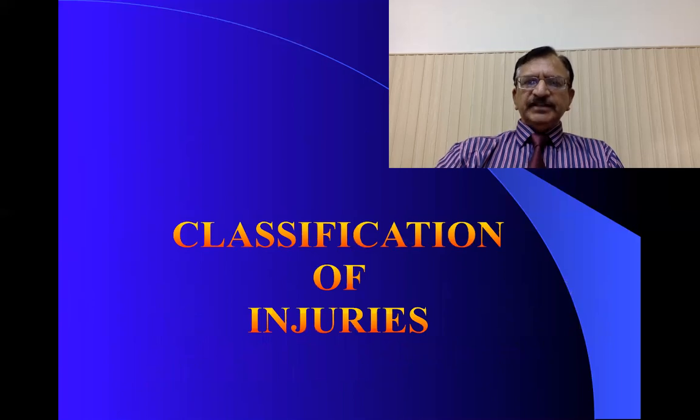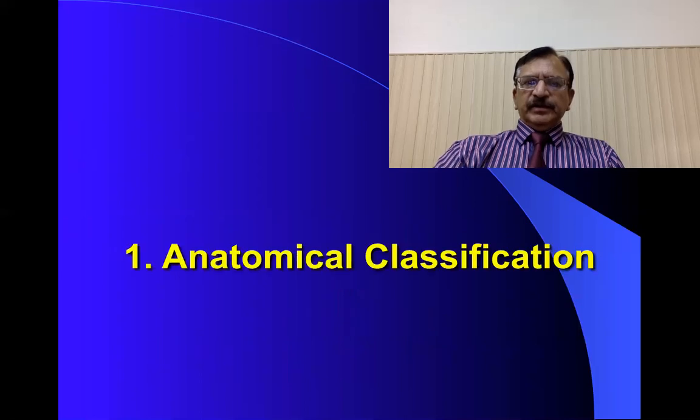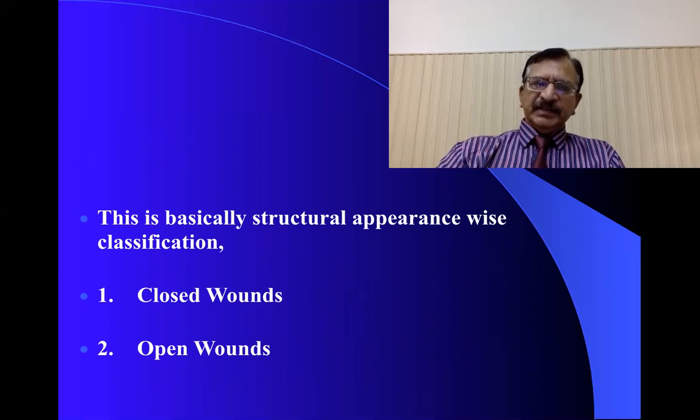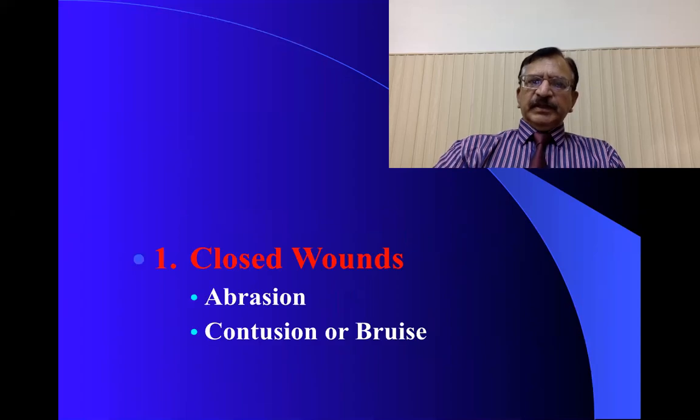So now starting the discussion of classification of injuries. First is the anatomical classification. We can classify anatomically, and that means closed wounds or open wounds. And this is basically structural appearance, that is closed or open. And burns are also classed in a separate group. Then the closed wounds are abrasions, contusions and bruises.